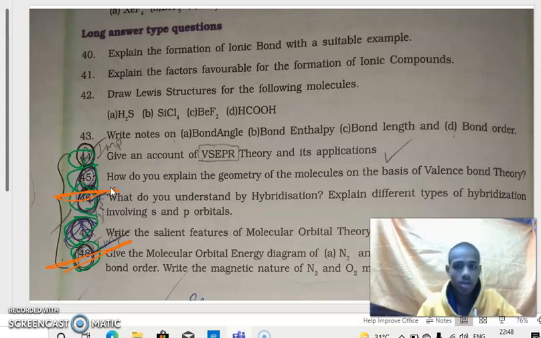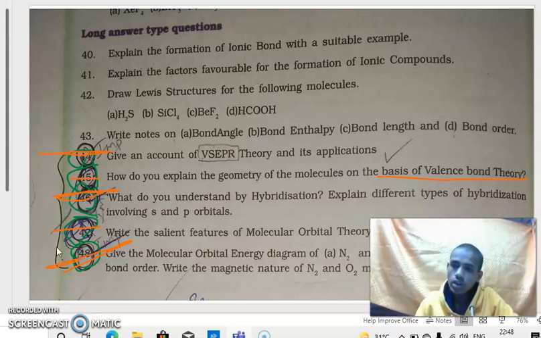Explain different types of hybridization involving s and p orbitals. And next, give an account of VSEPR theory and its applications. Just you need to read these 2 questions. It may come, but you need to focus on this.